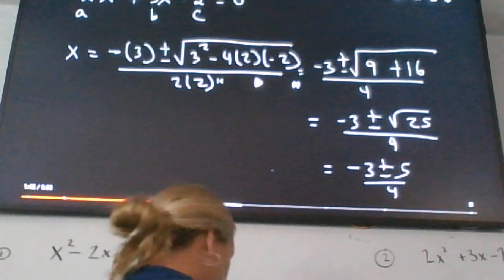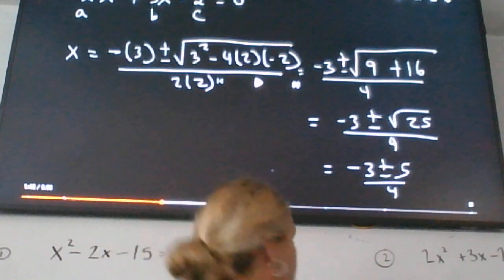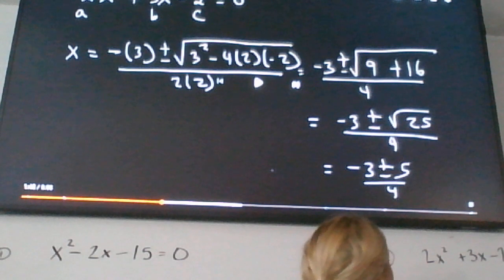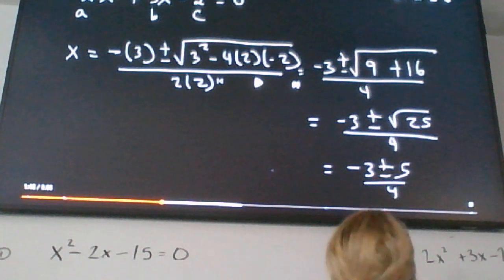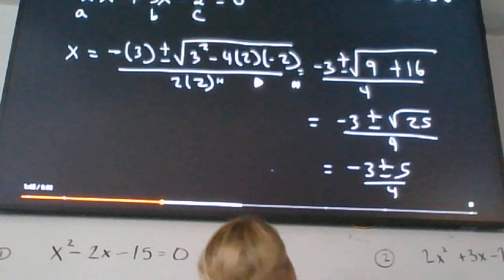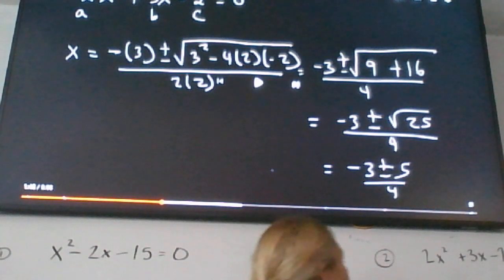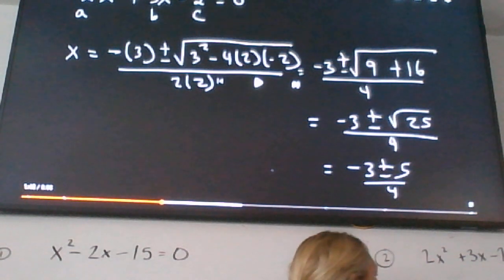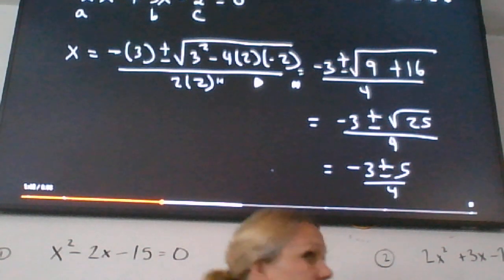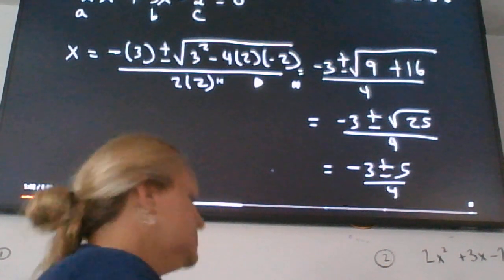And the other guy said to do plus a negative 4 times 2 times negative 2 instead of minus. So that would be plus negative 8 times negative 2, which would make it plus 16. The 16 is the most difficult part.